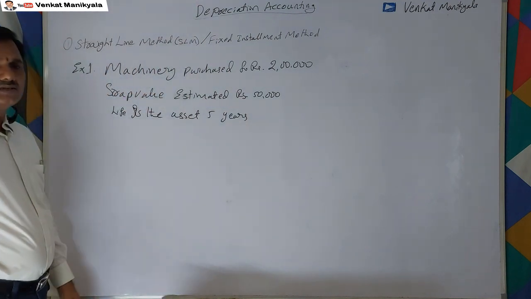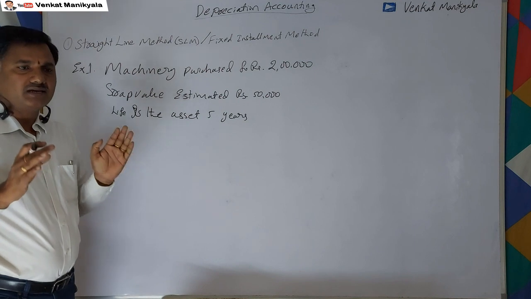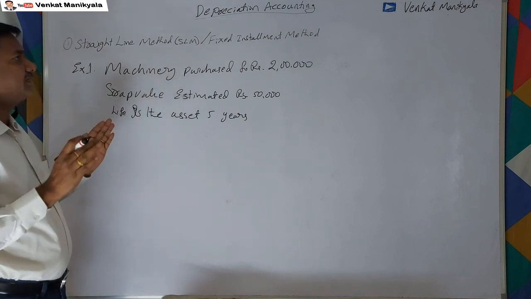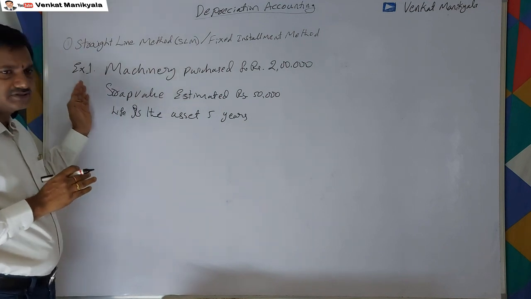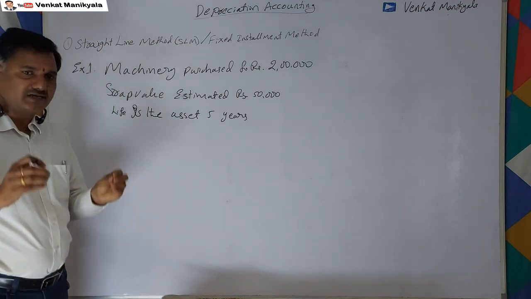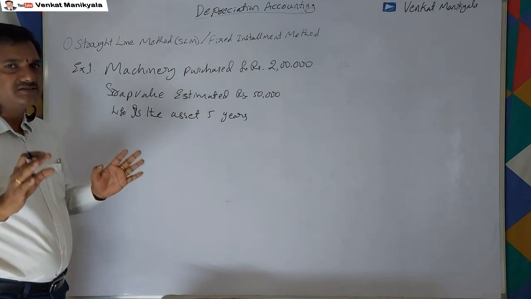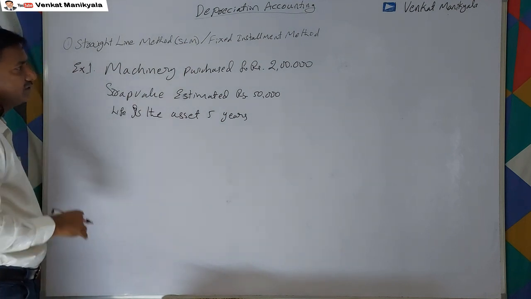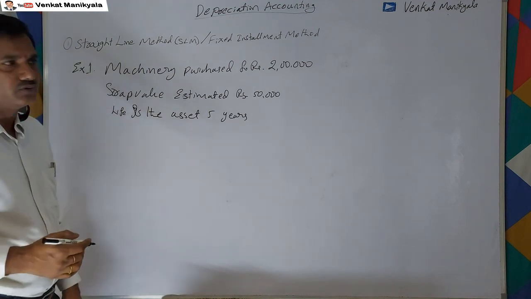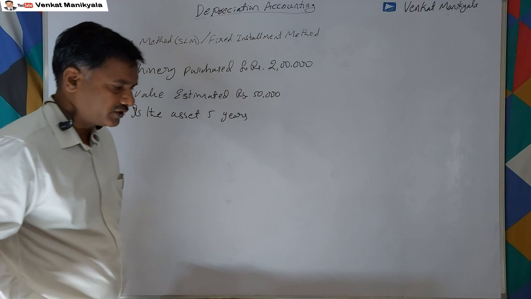Based on this problem, we are supposed to calculate the depreciation and the percentage of depreciation, write the journal entries and post into ledger accounts, right? This is today's target, right? Before generalizing this, let us have working notes.